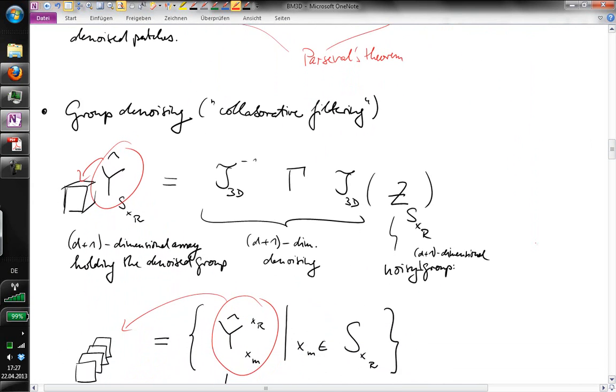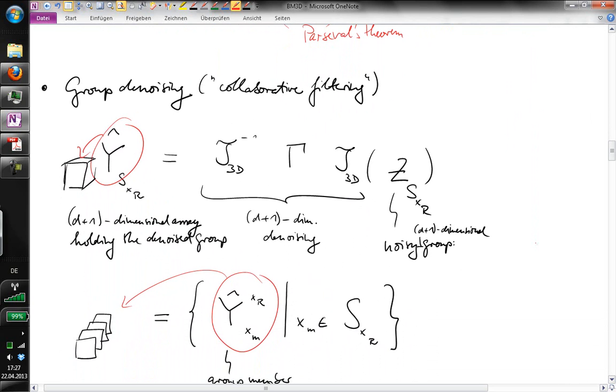Then things were stacked into a group. So all the patches that were in this set of patches that was not too dissimilar from the one located at XR, all of these were grouped together and were then denoised in 3D by the action of this operator.